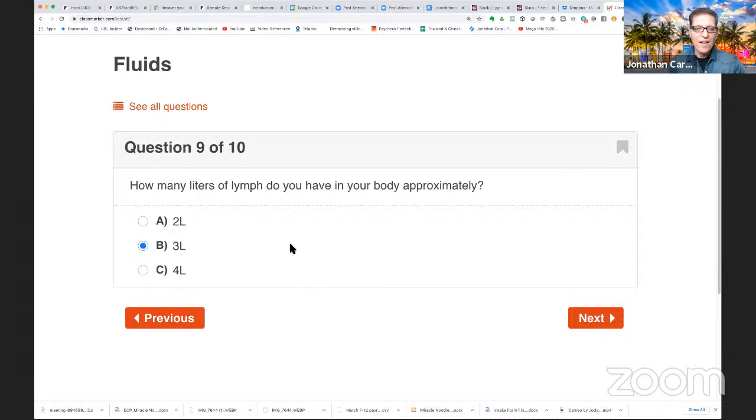You have something like 30 liters of fluid in your body, about 27 liters in the vasculature, and 3 liters bathing the cells. So I don't think I actually went over that, but that's the answer.